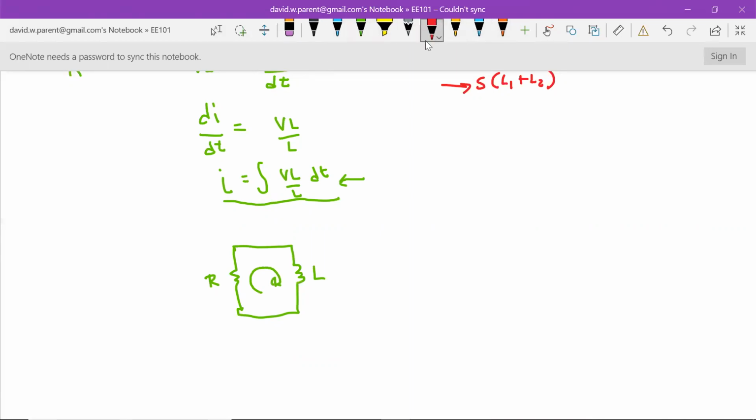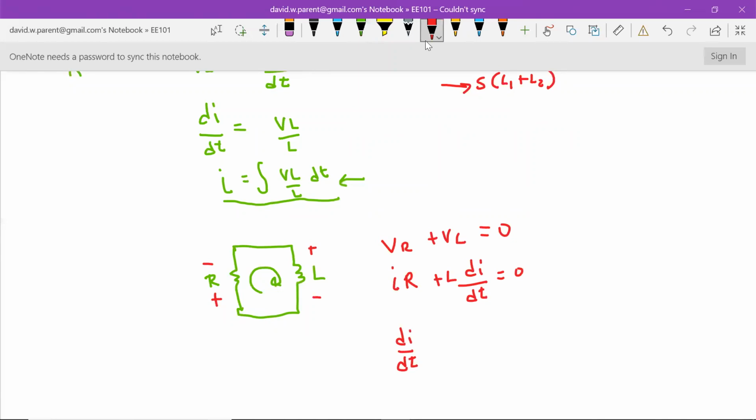a mesh analysis, and get VR plus VL equals 0. VR is still I times R. VL is L di/dt equals 0.